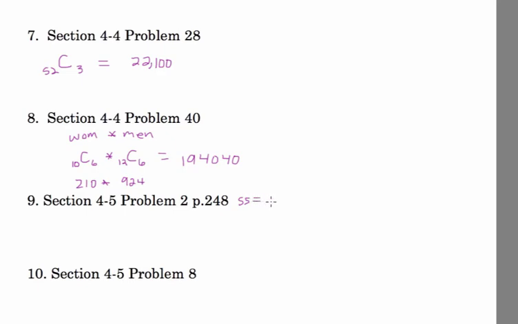What's our total number of possible committees that could be selected? We've got 25 people altogether that are going to be put into committees, a committee of 4. So our total number of possible committees that could be selected is 25C4, or this number.